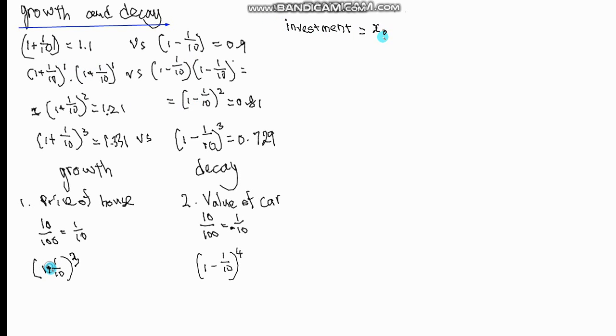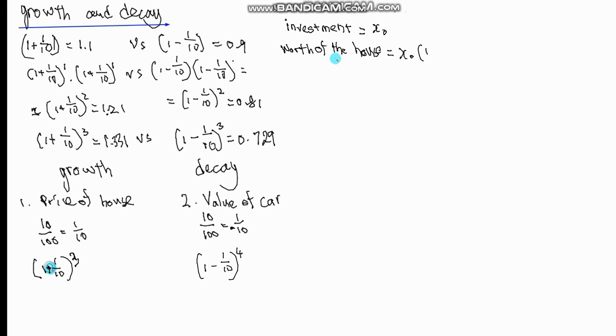Okay, now let's put this investment into the equation. So let's look at the case, the house. So the worth of the house is equal to X0 times (1 plus R)^T.